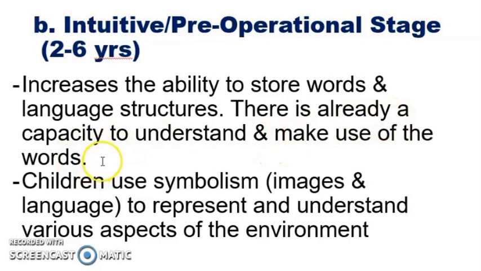So as early as the very young age, the children acquire and try to learn the language by understanding first, or acquiring first, the set of words that we have in our language. As what the title of this stage says, so intuitive.